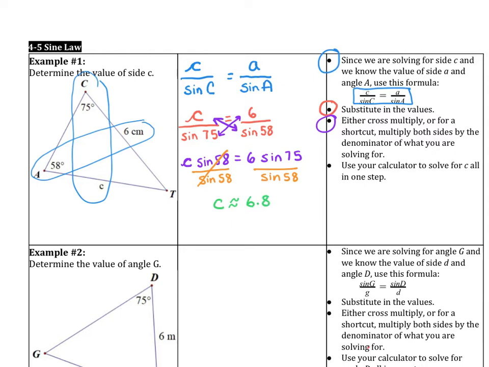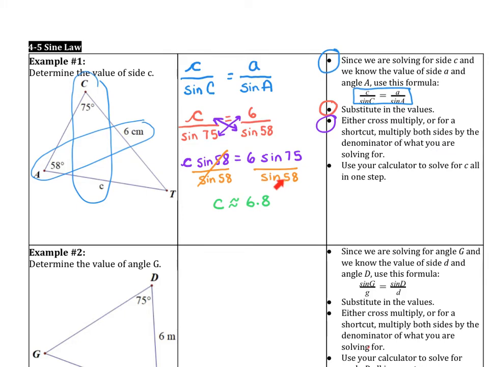A shorter way of doing this is if you notice the sine 58 got multiplied with the C and got moved over to the left side of the equal sign. Then you divided by sine 58, so the sine 58 ended up back in the denominator of the right side.